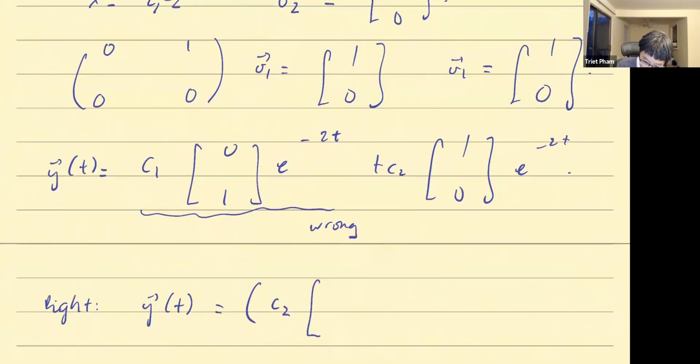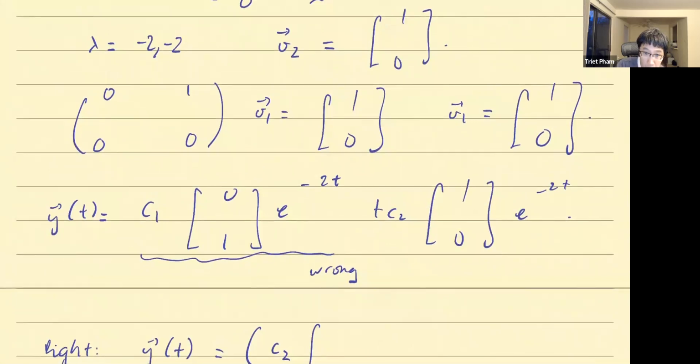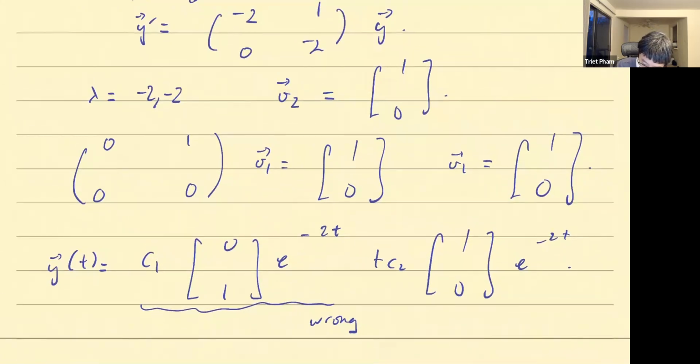Oh, sorry, did I make a mistake? Sorry, I missed a t. Yes, thank you, Carl. I messed that up. Yep, (0, 1), and then there's a t here.